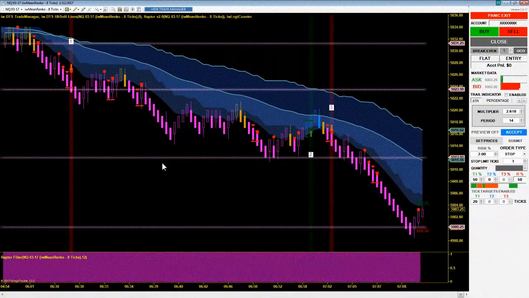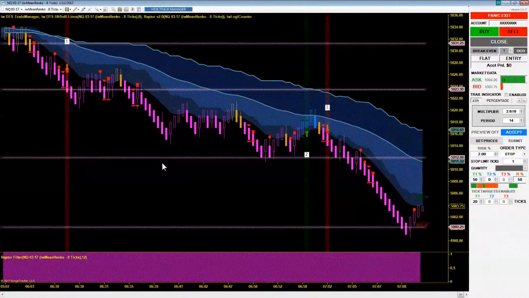So the Raptor is 3 separate trading systems all converged into one trading chart. One of our other products that we brought out in the past, called the Diversified Trading Systems, uses 3 distinctly separate systems. One is a trending system, one is a scalping system, one is a swing trading system, and they're all running at the same time.